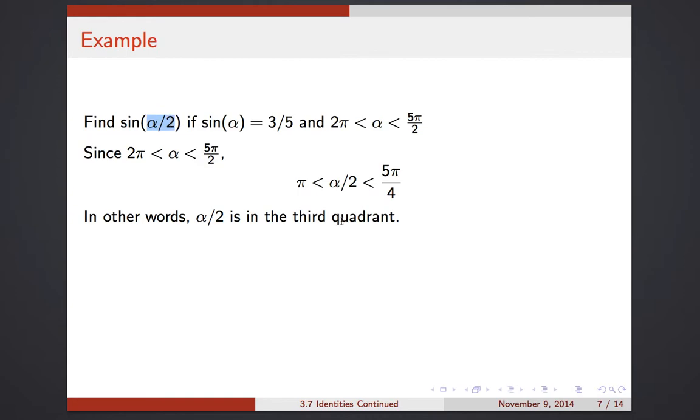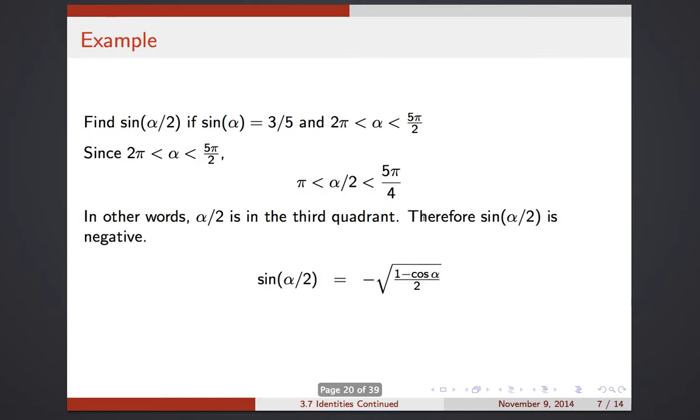Sine is negative there, so our final answer should be negative. So we choose the negative option from the formula. Sine of alpha over 2 is the negative square root of (1 minus cosine of alpha) over 2. So of course now you're kind of in a quandary, because what's cosine of alpha? If you don't know that, how are you supposed to get a value here?